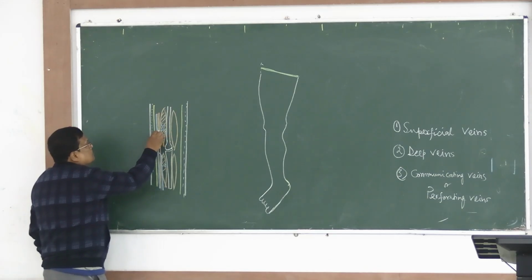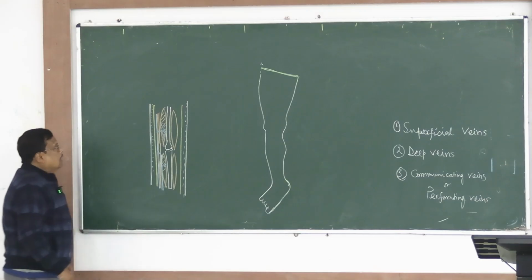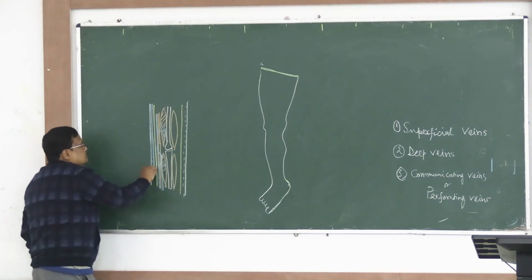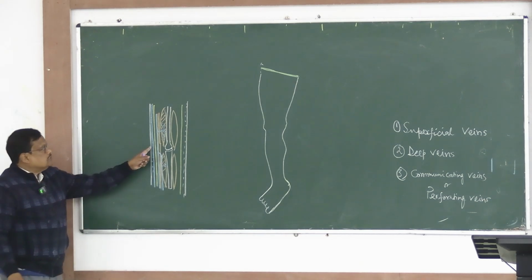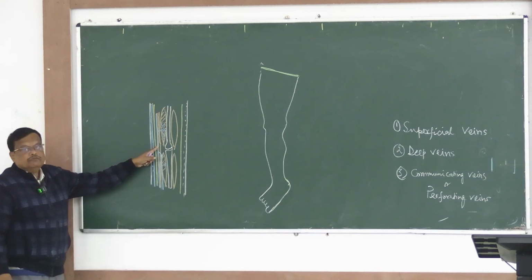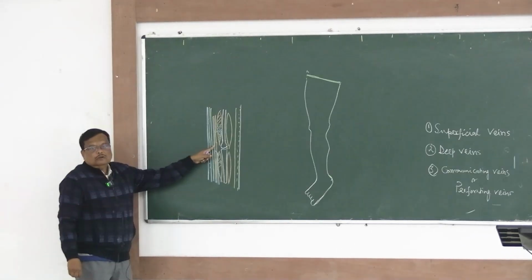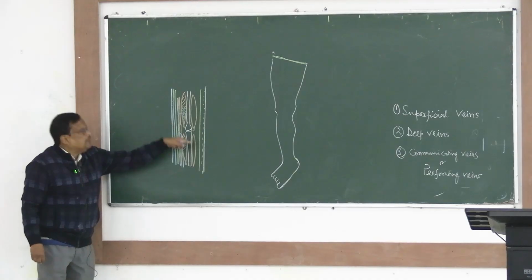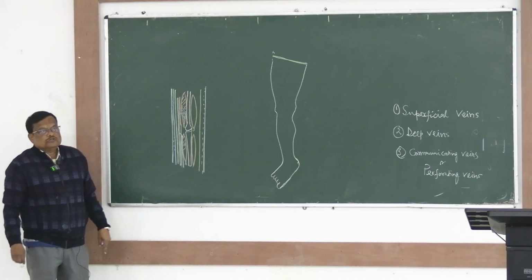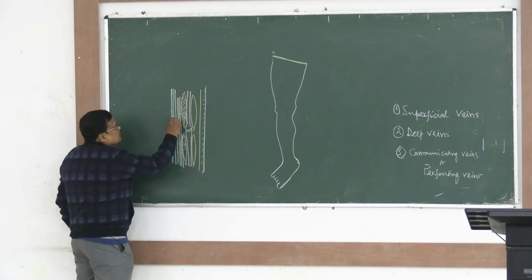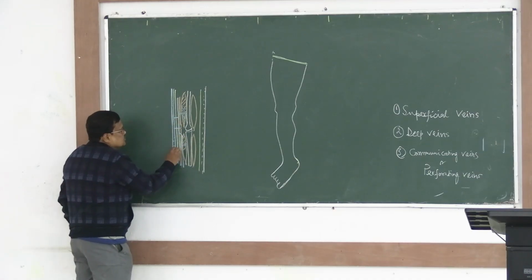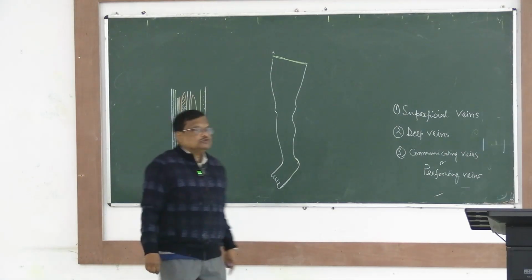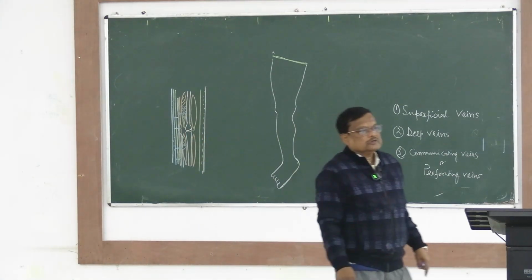These muscle veins are also connected with the deep veins. Now, in the superficial fascia, there are superficial veins. So this is the superficial vein, superficial to the deep fascia, and these are the deep veins, deep to the deep fascia. And some veins connect the superficial and the deep veins. These are called the communicating veins or perforating veins or perforators.